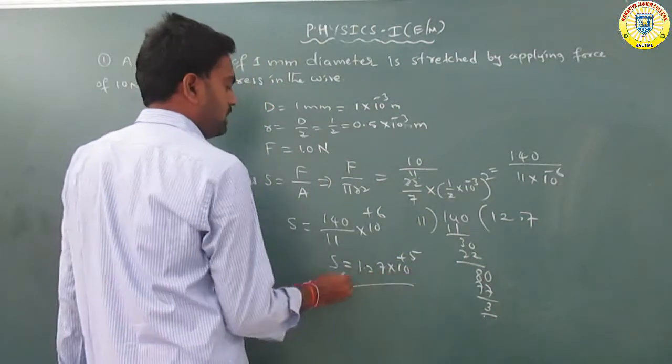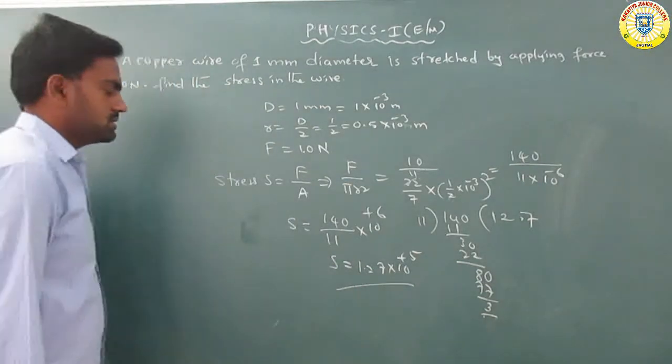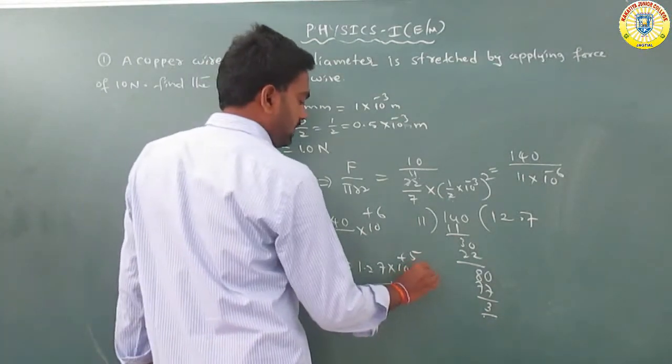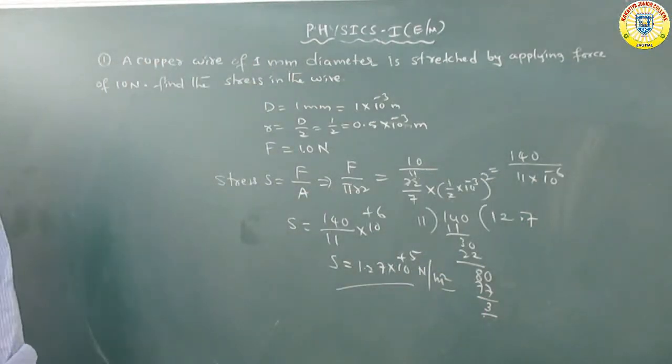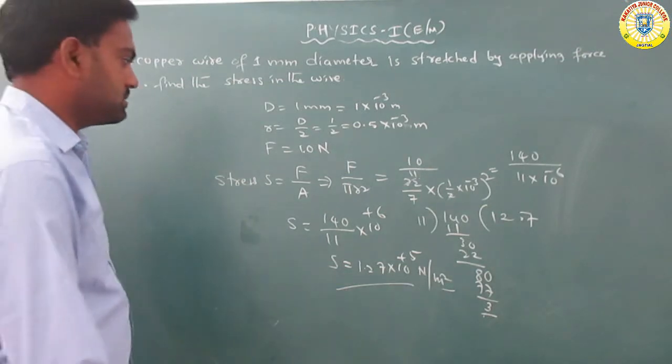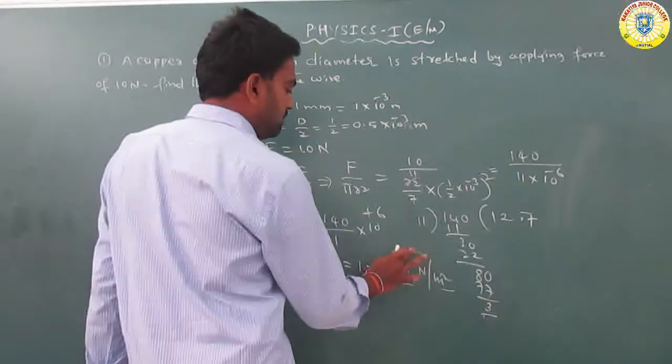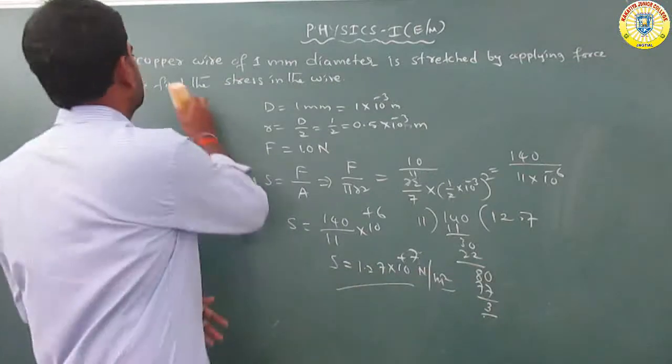So this is the stress, in newton per meter square, which is about 1.27 into 10 to the power of 7.